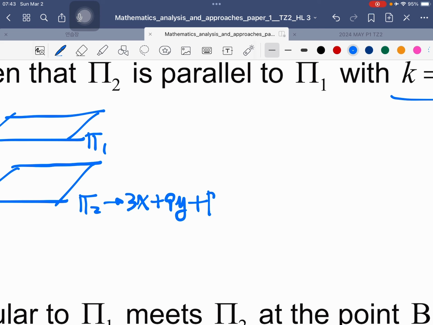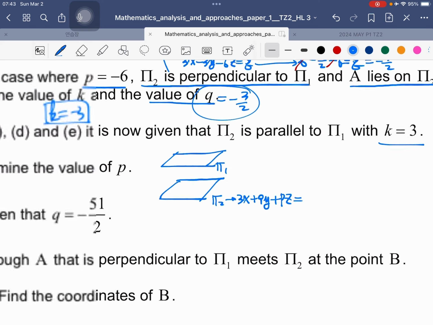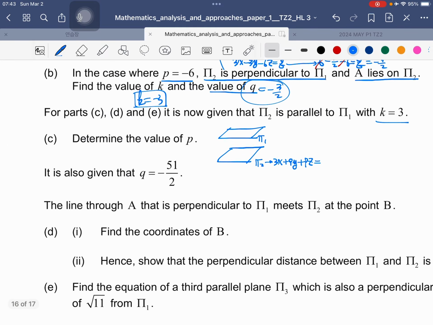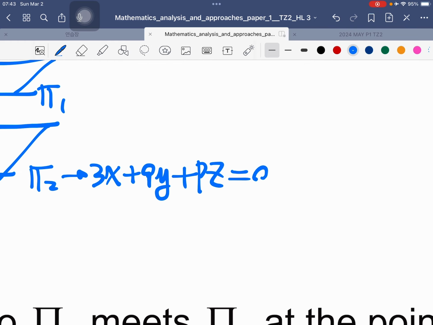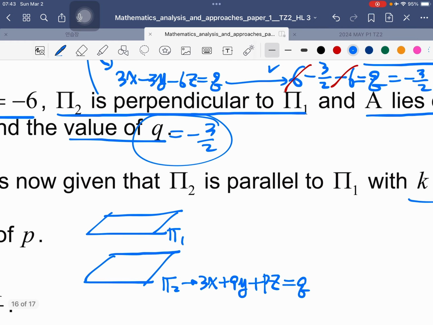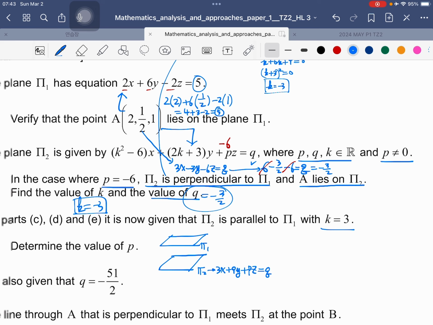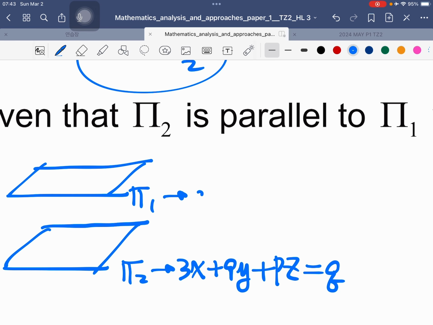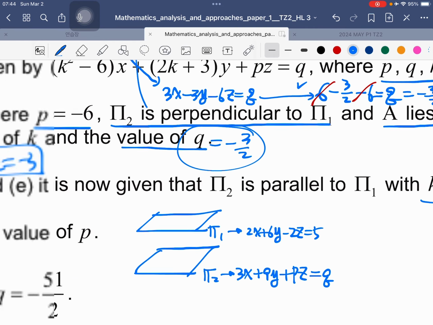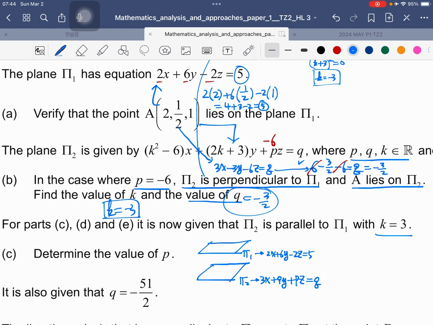Plus p times z equals q. This is pi 2, and the pi 1 equation we already know: 2x plus 6y minus 2z equals 5.